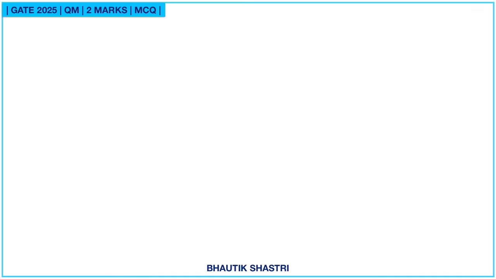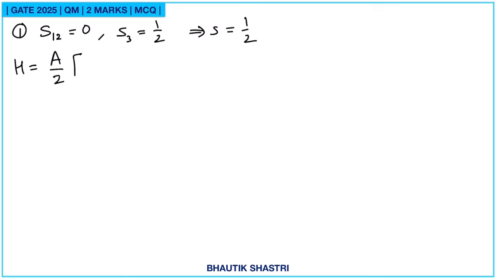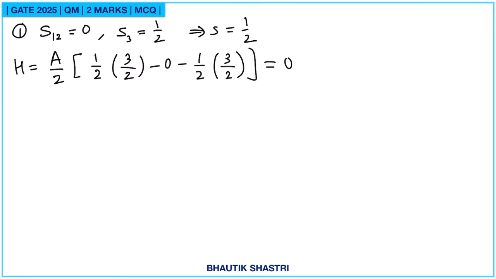So let's consider first case. So we have S12 is equal to 0 and S3 is equal to half, and S is S12 plus S3, that means S will be half. So H is A by 2, then half into half plus 1, 3 by 2, minus 0, minus half into 3 by 2, and this will be equal to 0.